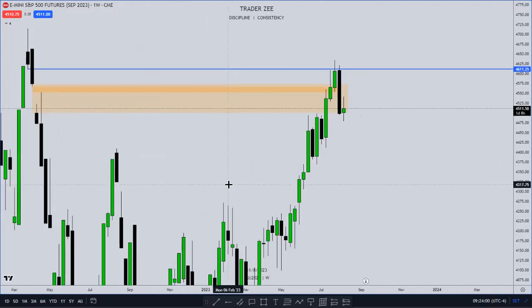What else can we think of? What else may be important today? I'm not going to mark obviously a fair value gap here, but I'm looking at other things that I can watch.